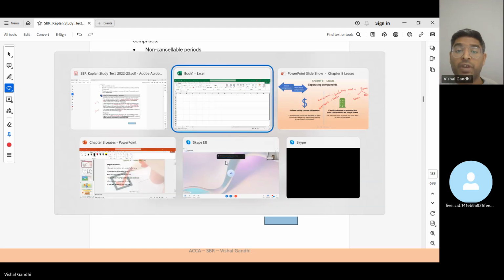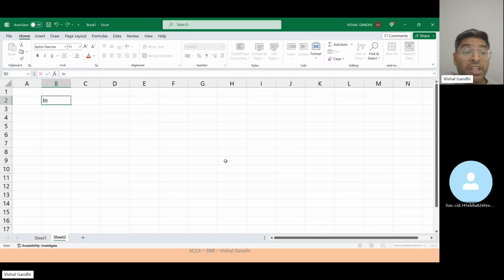Okay. So let's calculate the initial measurement of the liability. We need to calculate the present value of lease payments.